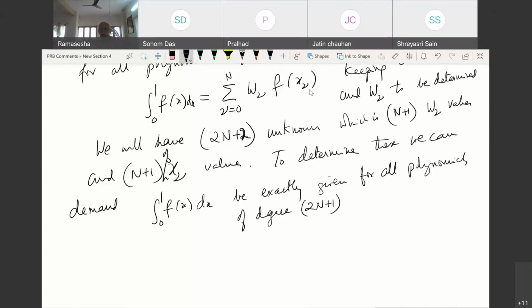So I only need to evaluate the function at n plus 1 points, and still I get the integration of a 2n plus 1 degree polynomial exact. Okay, so this is a great advantage if I can do that.